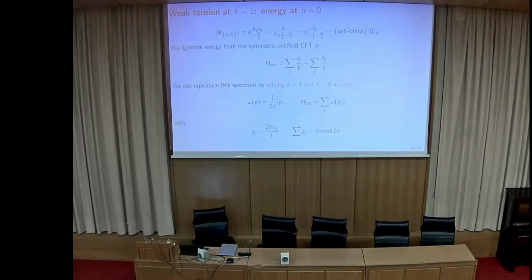If first I put h equal to 0, because I don't have any more coupling, so I don't have that sign, then I have just an absolute value of something, and I put equal to 1, and I just get this very simple energy. And with this simple dispersion relation, you see the thing that I have to say is that the momenta are quantized as 2 pi n over L, as if this thing is a free theory, which basically it is.